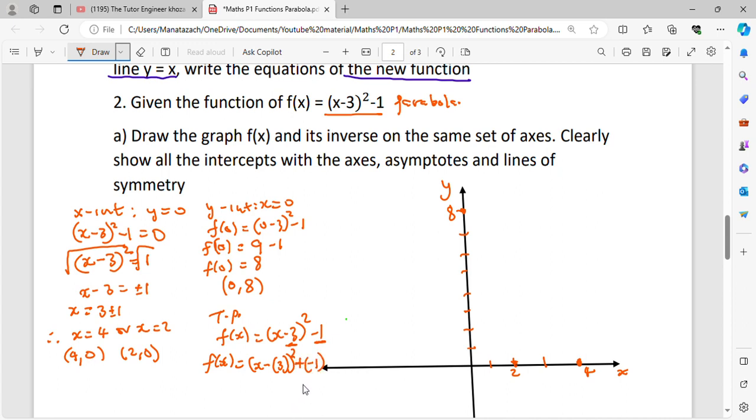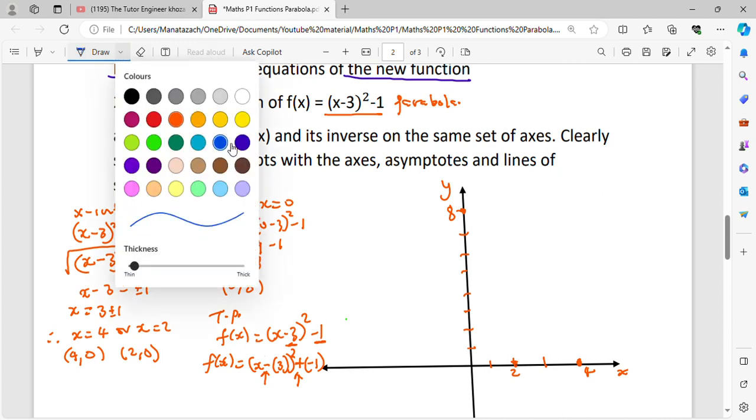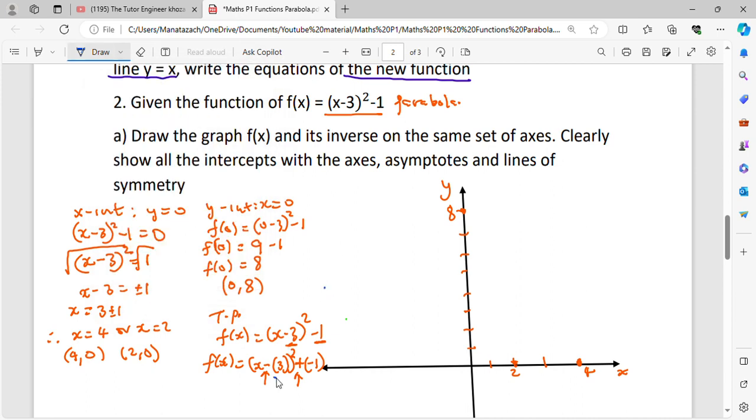I wanted you to see those signs, and then you'll be able to deduce the turning point. The turning point will be (3, minus 1). Just make sure that to take out the turning point, you have a minus here, then a plus. So 3 is here, then minus 1 is here, so the turning point should be here.